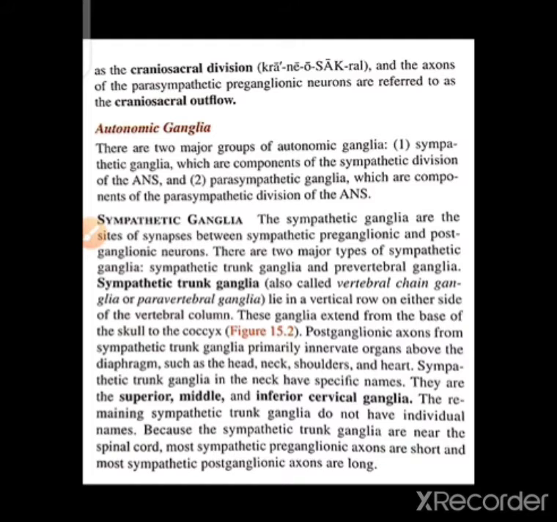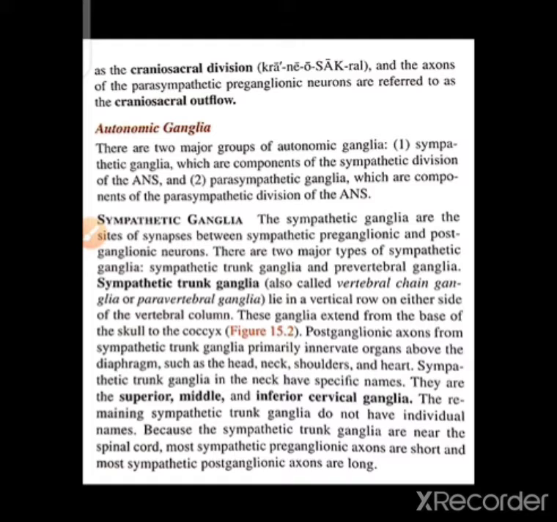Now, postganglionic axons from the sympathetic trunk ganglia primarily innervate organs above the diaphragm, such as the head, neck, shoulders, and heart. Sympathetic trunk ganglia in the neck have specific names. They are the superior, middle, and inferior cervical ganglia because they are present in the neck region.